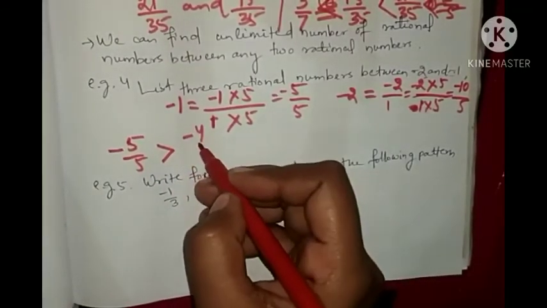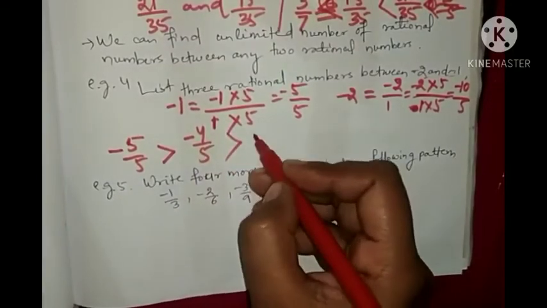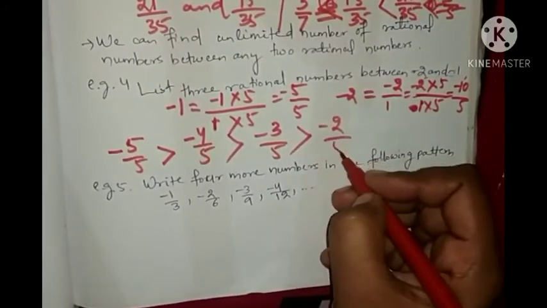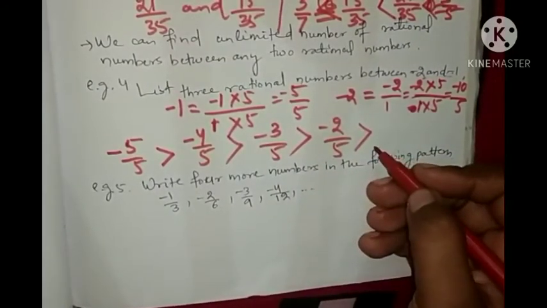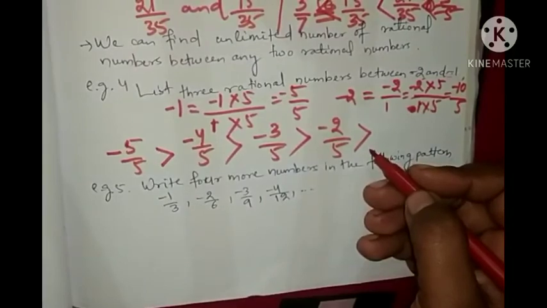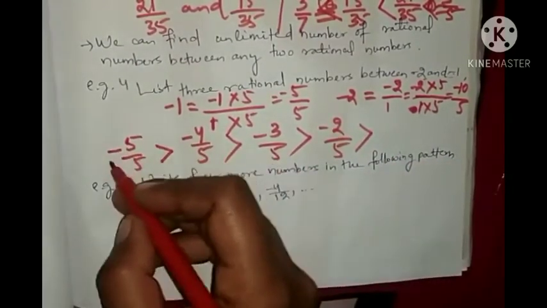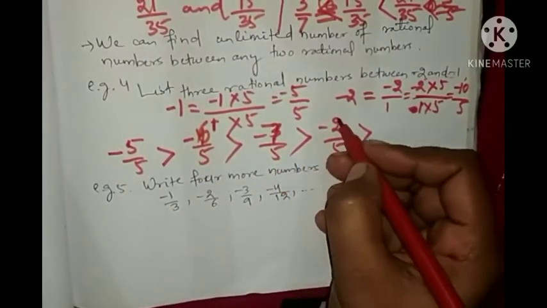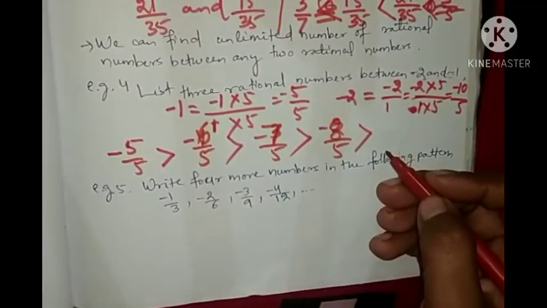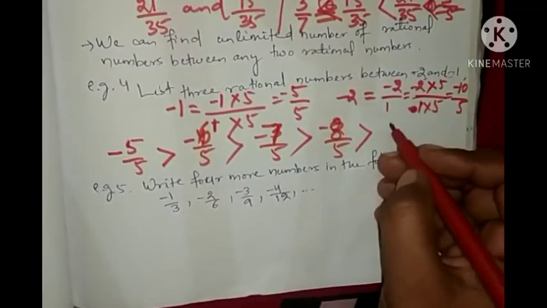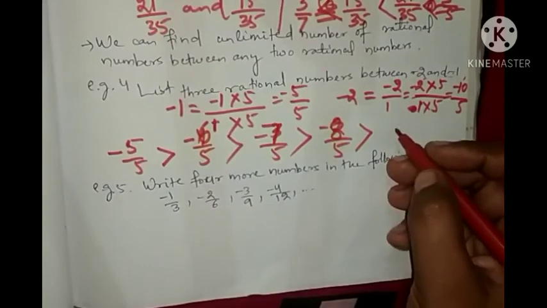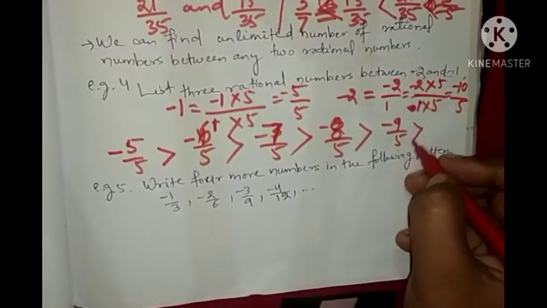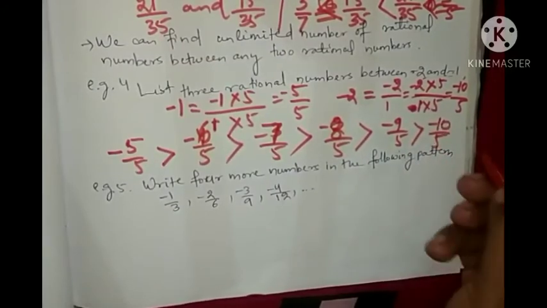Then minus 6 by 5, minus 7 by 5, minus 8 by 5, then minus 9 by 5, then minus 10 by 5.